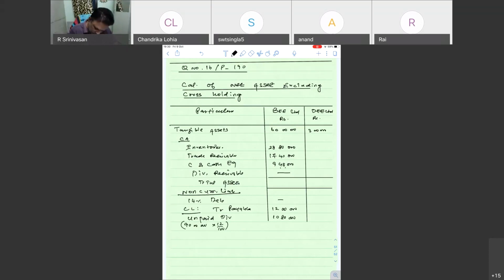Then dividend distribution tax unpaid. On 10 lakh 80,000, how much is the dividend distribution tax? They say dividend tax is 10%. So 10% on 10 lakh 80,000 is 1 lakh 8,000.